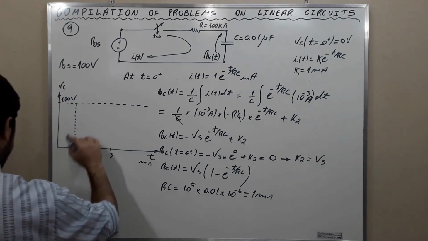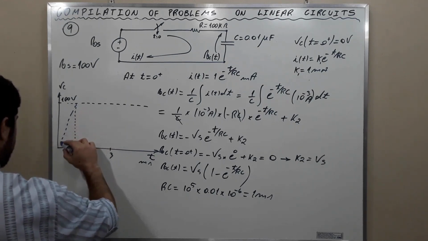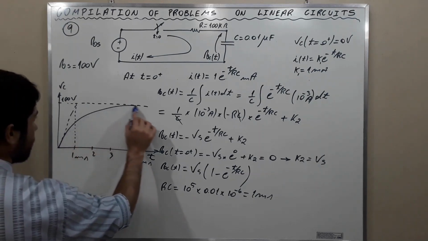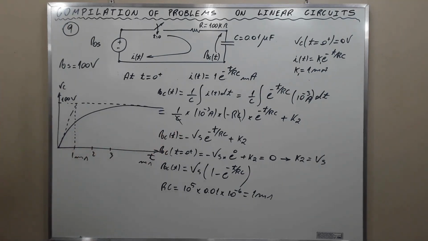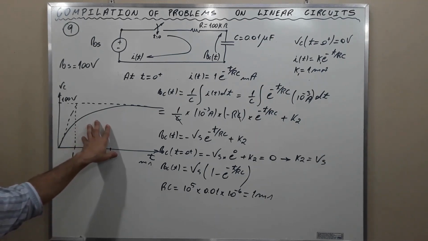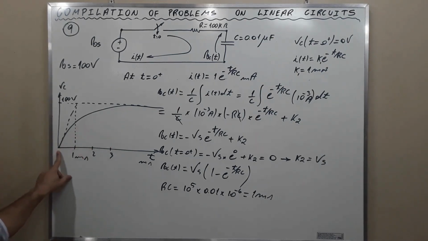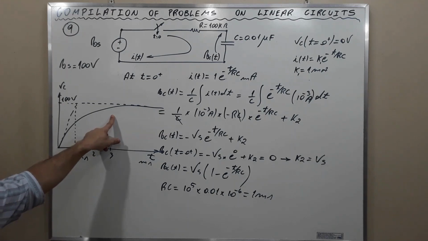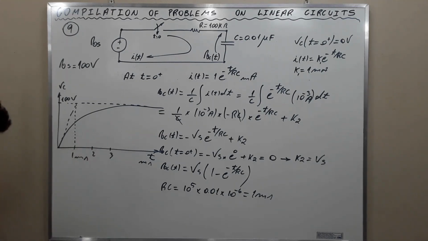Okay. And this is the value of the capacitor voltage. Okay? This is how the capacitor voltage behaves. It is initially discharged and it is going to charge in this way. Alright, my friends? And this is all for exercise 9.